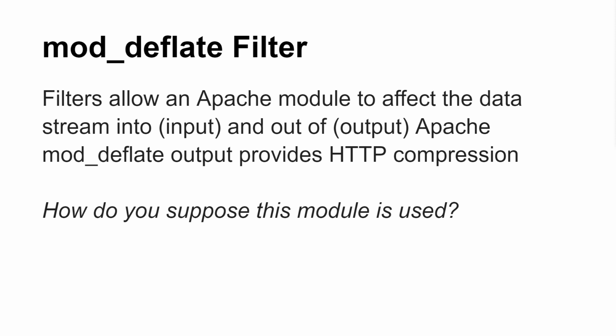The next module is deflate. Just from its name, what do you suppose this particular module does? How could you find out? I've already given you some pointers to the documentation for previous modules.